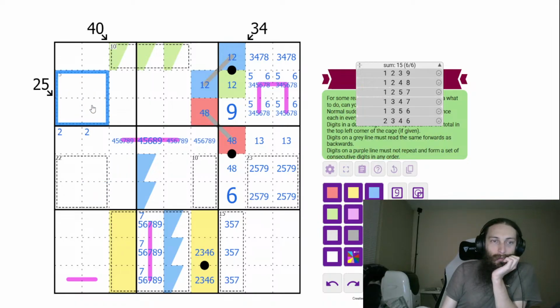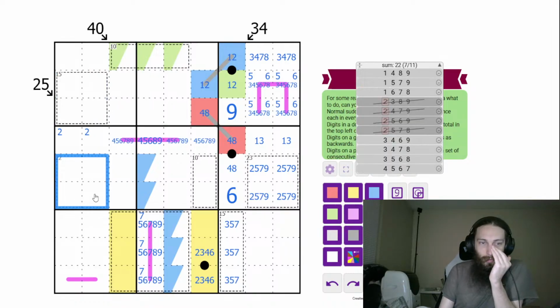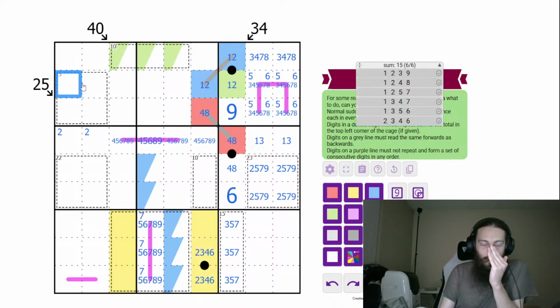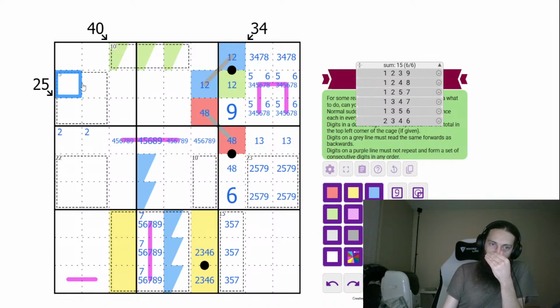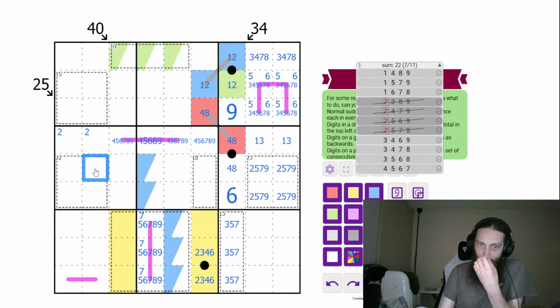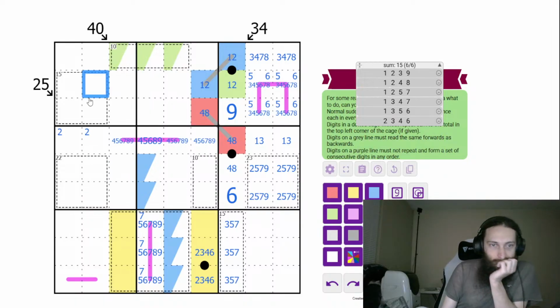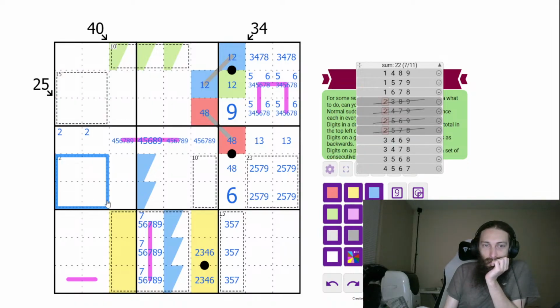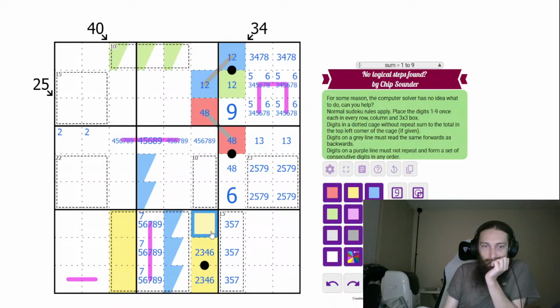Because anything that's in both the 15 and the 22 ends up being yellow. So if we had a 1 in 15 and a 1 in 22, we'd get a 1 in yellow.